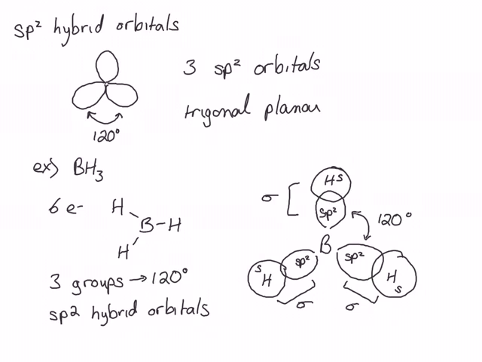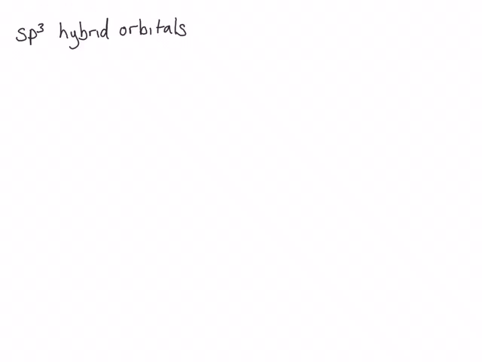Finally, we'll look at sp3 hybrids. sp3 hybrid orbitals are a combination of 1 s and 3 p atomic orbitals, and so we're going to end up with 4 sp3 hybrid orbitals. This is what our 4 sp3 hybrid orbitals look like. You can think of this one and this one in the plane of the page.